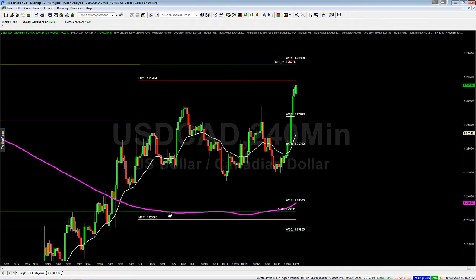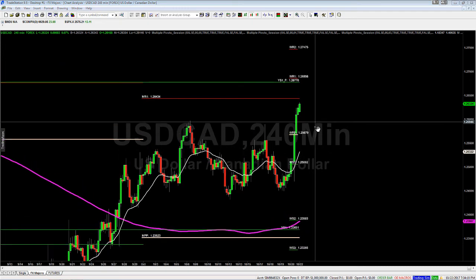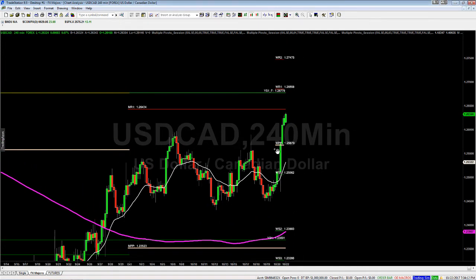Dollar CAD is above the 200 period moving average. Price is above the weekly pivot, so we have a bullish bias while above. The only time you're going to see me somewhat change my bias is when it hits a significant level and you see a reaction happen, and I will trade into the opposite direction of the bias, going back towards the weekly pivot.